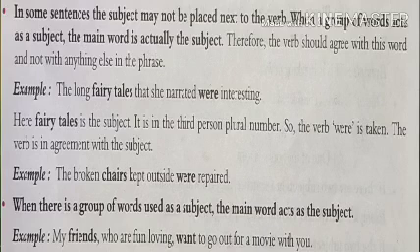Why? Because the long fairy tales that she narrated, this whole phrase is the subject part. That is why were, the helping verb, has not been used just after tales.